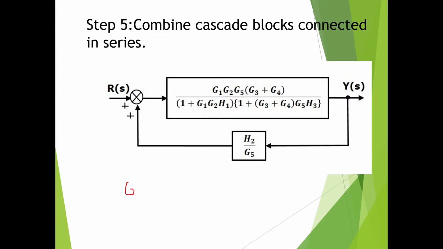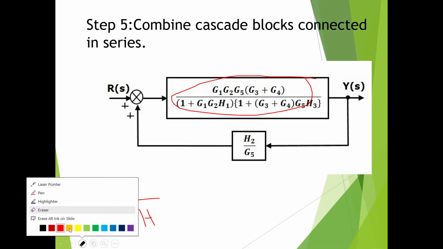The formula for positive feedback is G divided by 1 minus G into H. So what is our G here? This is our G. My cursor is talented, not myself.